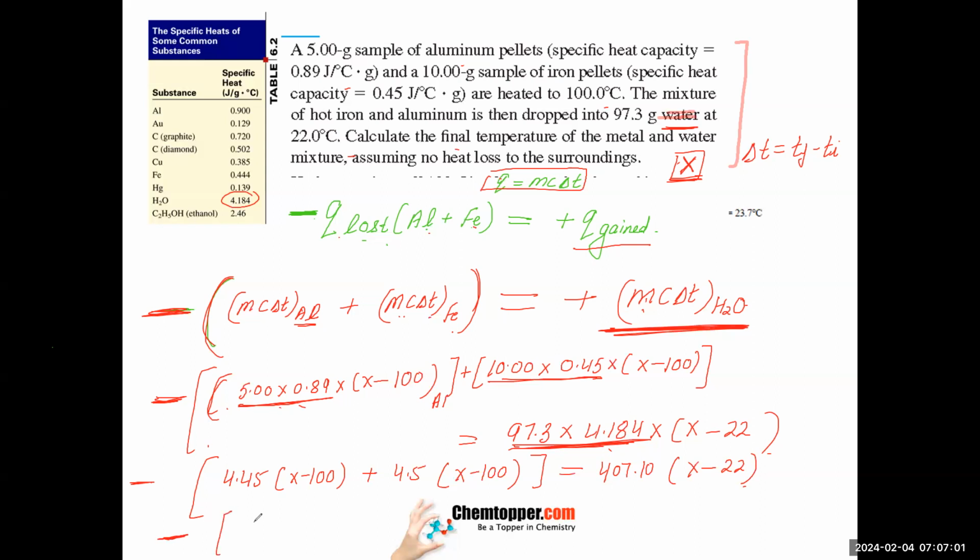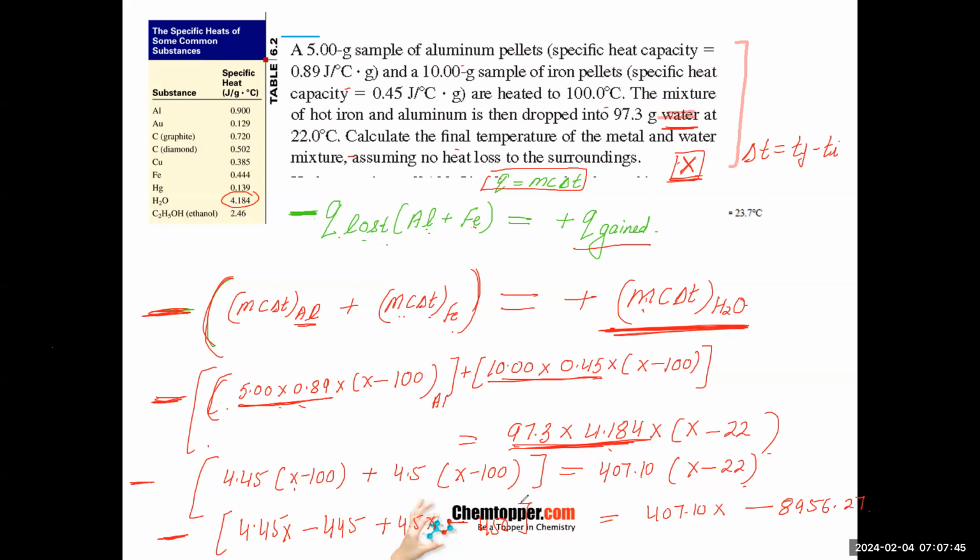Keep this minus here. 4.45 minus 4, this is X multiplied by this X minus 4.45, plus 4.5x minus 450, is equal to 407.10x minus multiplied by 22. And that value is 8956.27.